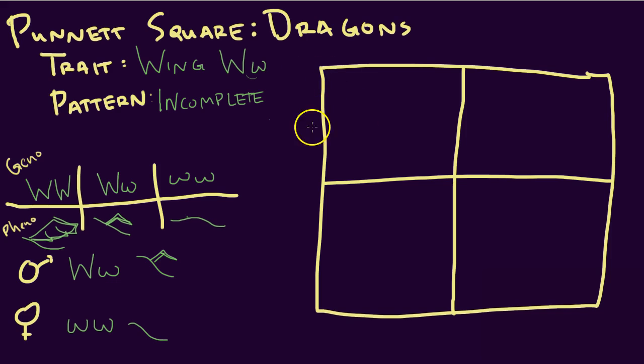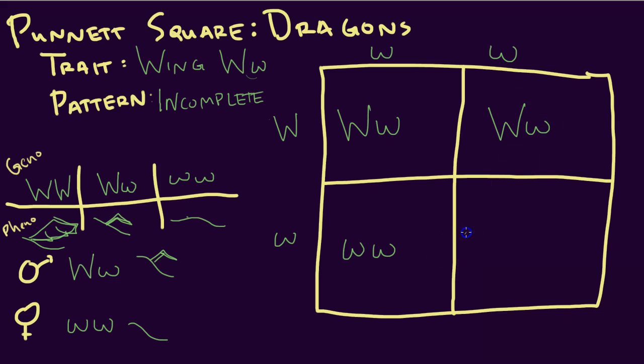Okay, so what we do again is we go up here, we put dad's alleles right here on this side. We'll put mom's alleles across the top. And then we'll look and see what are the different combinations we can get. Capital W, lowercase w. Here we're going to get two lowercase. Here we're going to get capital and lowercase, and lowercase, lowercase.